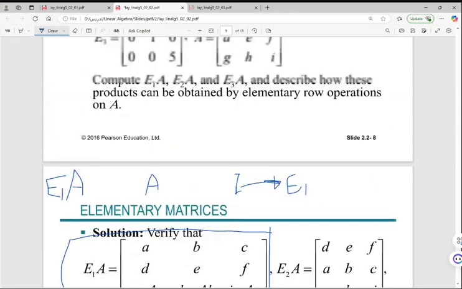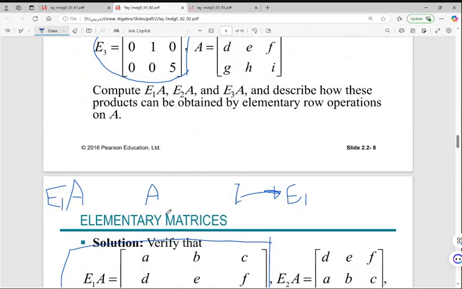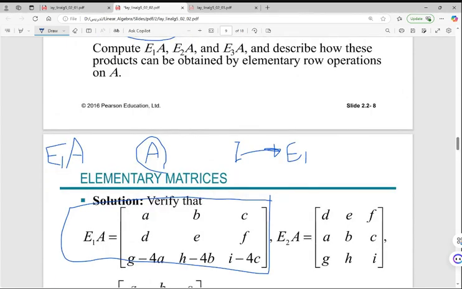So we just want to say that we have a matrix A, right? And we want to apply a row operation on it. We want to replace the third row of A by the sum of the third row and minus 4 times the first row.